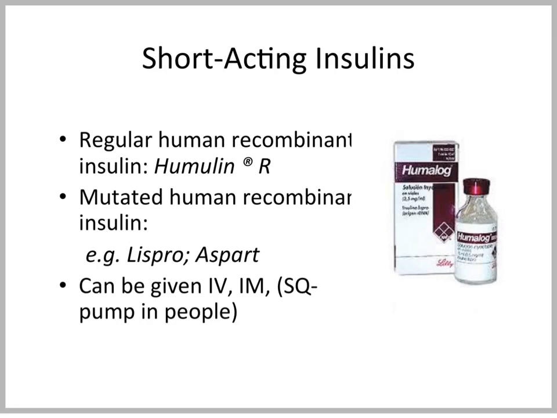Of course, the short-acting insulin preparations can also be given subcutaneously or intramuscularly, and it depends on what action time you are interested in. If you give a short-acting insulin preparation subcutaneously, you will prolong the action time of that insulin by several hours.